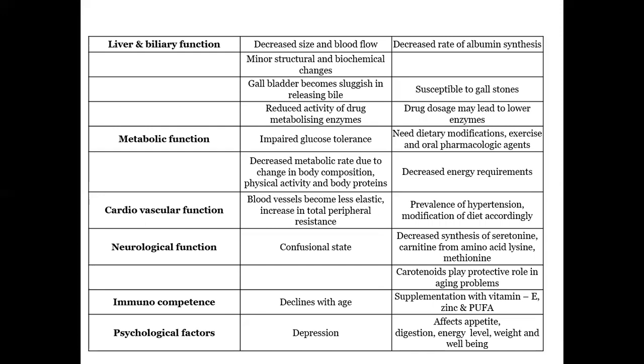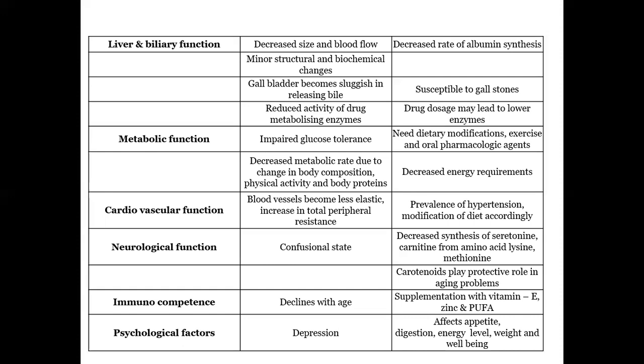So when you take any medications or any chemical element, it is metabolized by the liver. Now when the liver function is decreased, the drugs may not have much effect, or may not be metabolized properly, and it can lead to lower enzymes also.